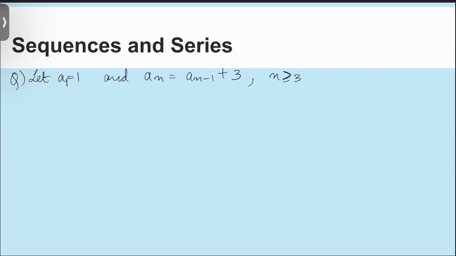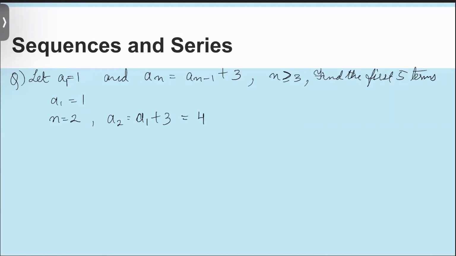Now we have to find the first 5 terms. So a1 we know is already equal to 1. Now we take n equal to 2. Then your a2 becomes a1 plus 3. So that is 4.